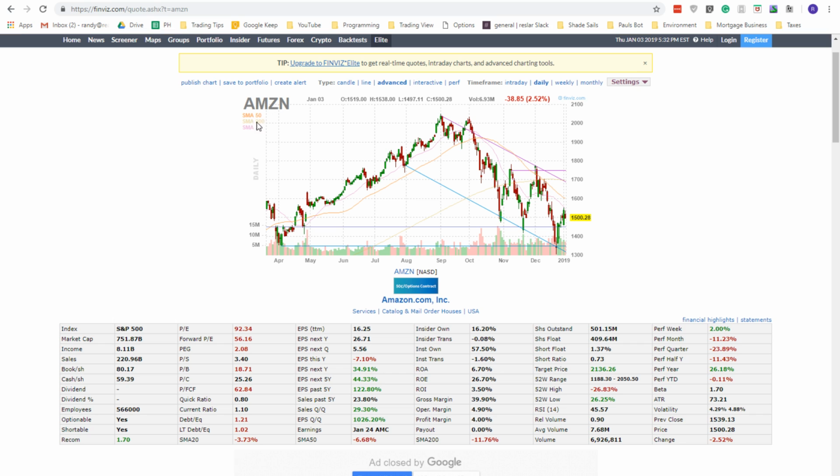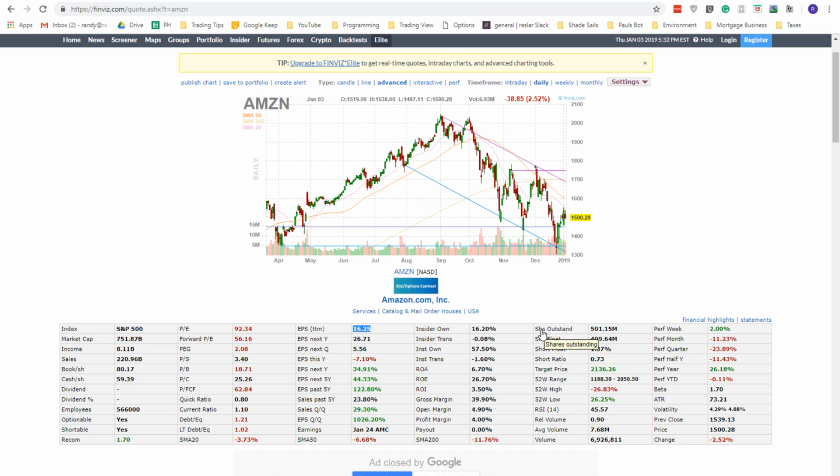This is Amazon. Amazon has a market cap of $751.87 billion. It actually has what's called earnings. Those earnings are how much money it makes. And it makes per share over the past 12 months $16.25 for every single share that it has issued. How many shares are there?